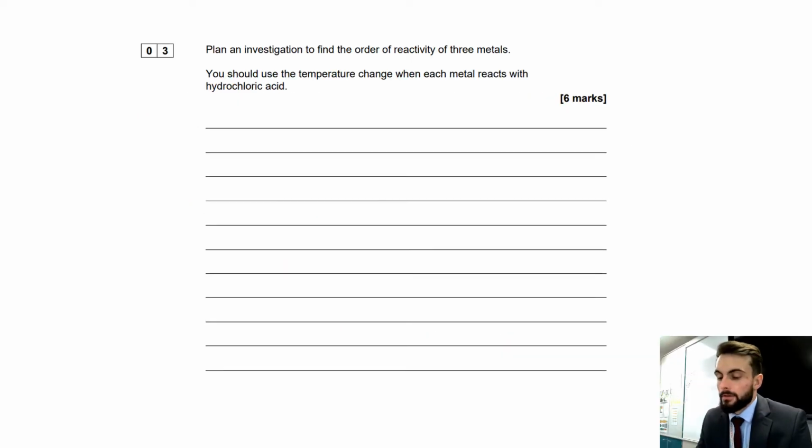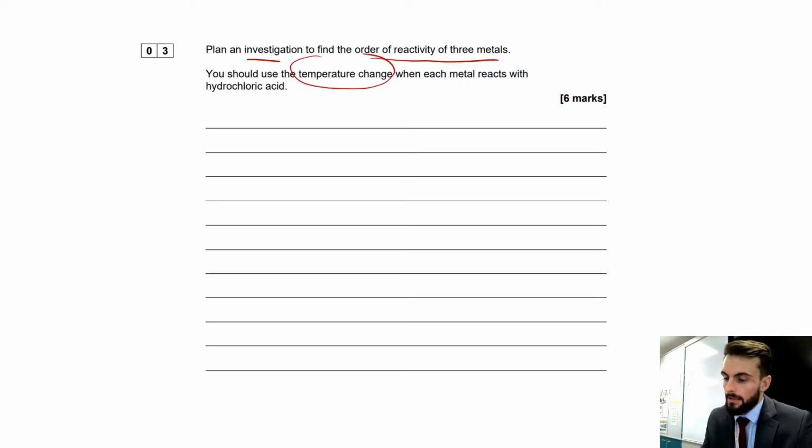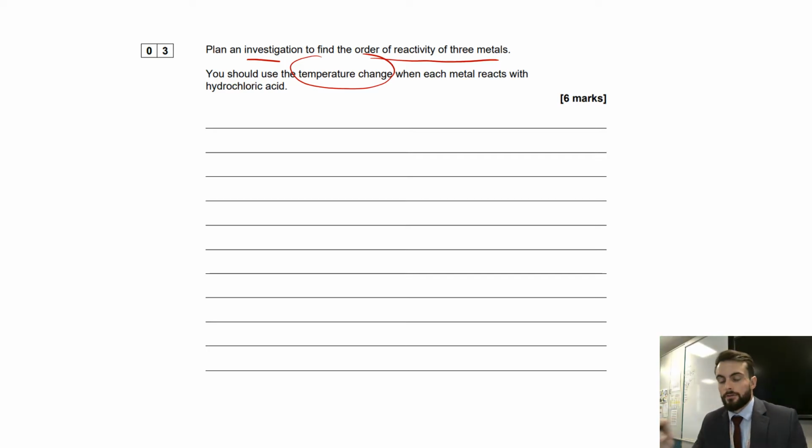So for this one, it says plan an investigation to find the order of reactivity of the three metals. You should use the temperature change when each metal is reacted with the hydrochloric acid. Now for this one, it's talking about a method, so the first thing I would be thinking about is the variables. Because whenever we do science, things are changing all the time.